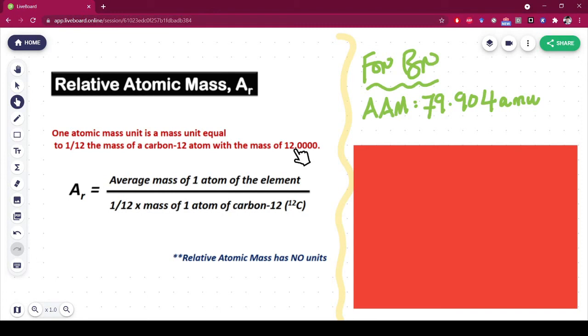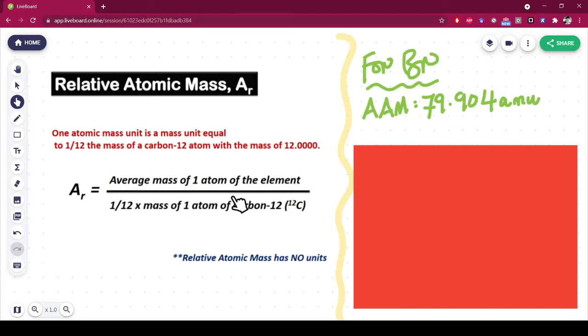This is the mass of carbon-12. So you have the word relative. Relative means you want to compare the average mass of the element with 1/12 times the mass of carbon-12.